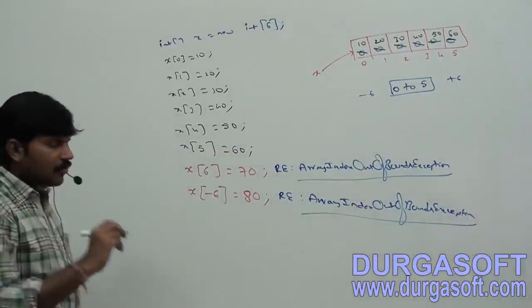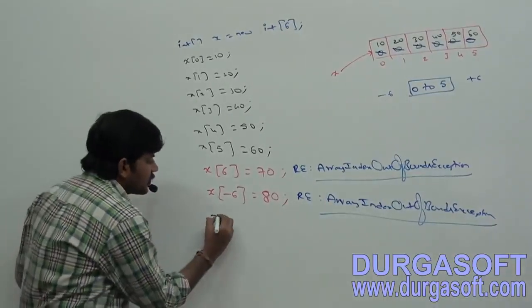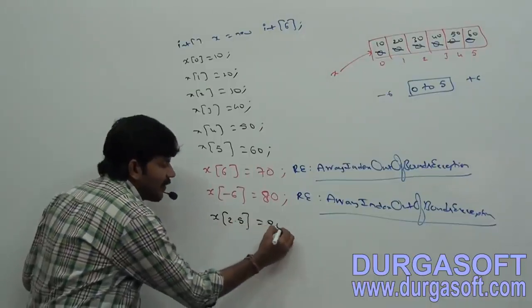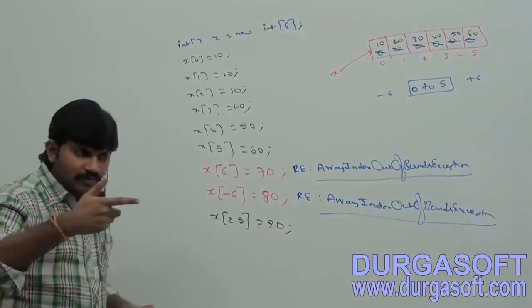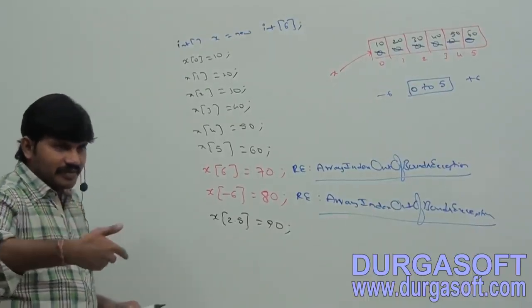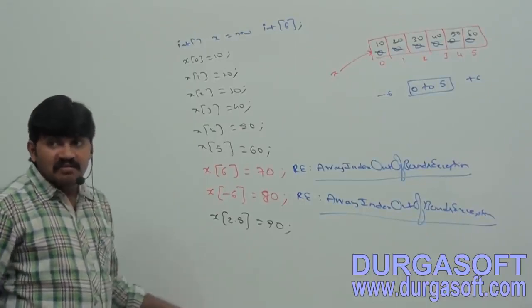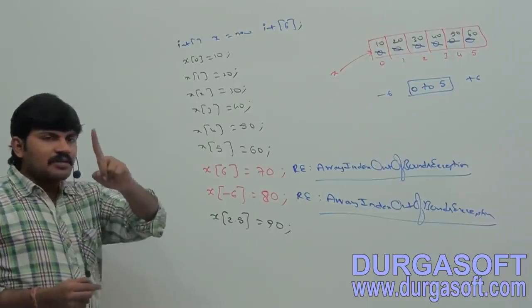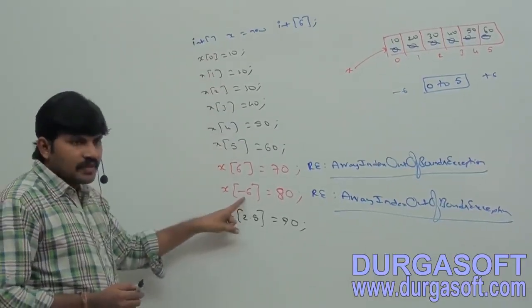Are you getting? Now, sir, here I am taking x of 2.5 is equal to 90. Is it valid or invalid? Invalid. The compiler will complain because it is a syntactical mistake. The compiler always checks whether it is a valid int value or not.